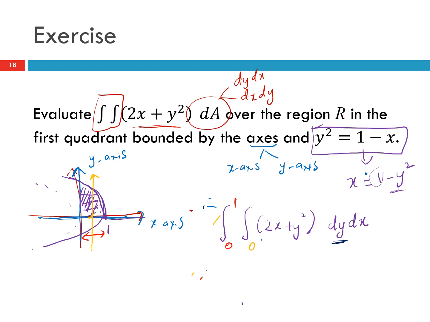So we have the equation y equal to square root of 1 minus x. So here the upper limit is the square root of 1 minus x. So you may proceed with the integration.